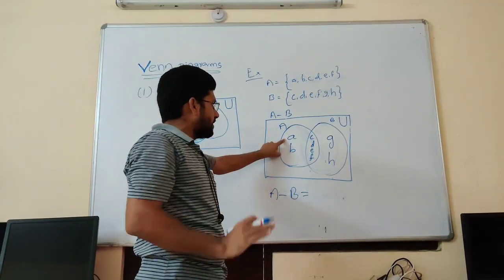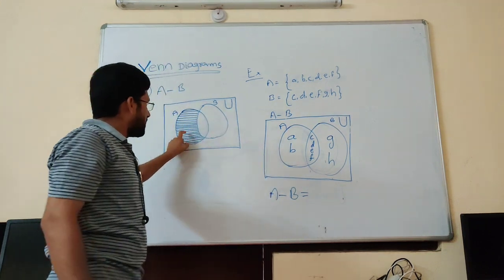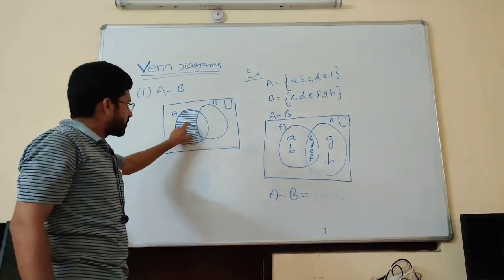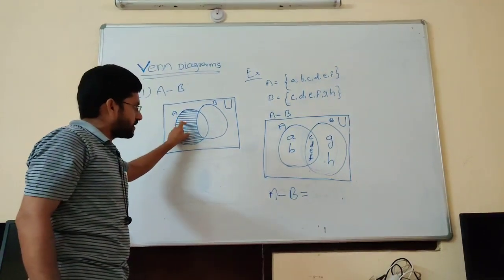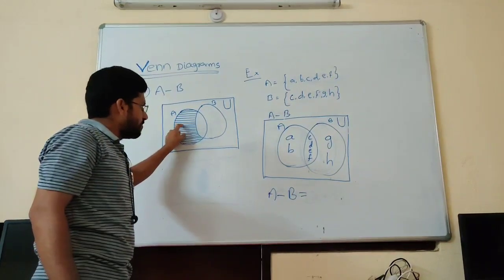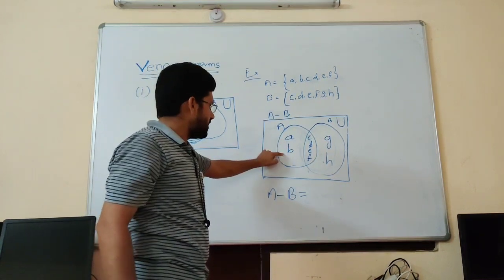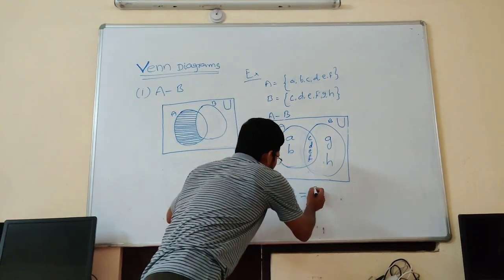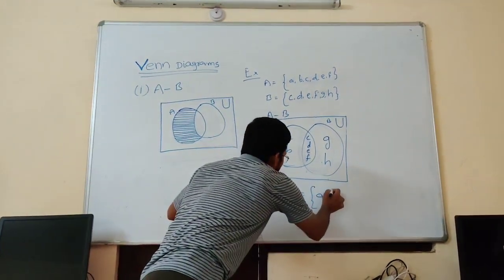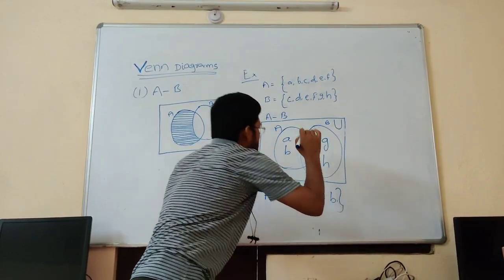Just you have to avoid that portion. Means in the diagram here we have shaded only this portion. So in this portion, whichever elements are there, those elements only we have to take. So here which are the elements? A and B is there. So we can write the set of A and B.